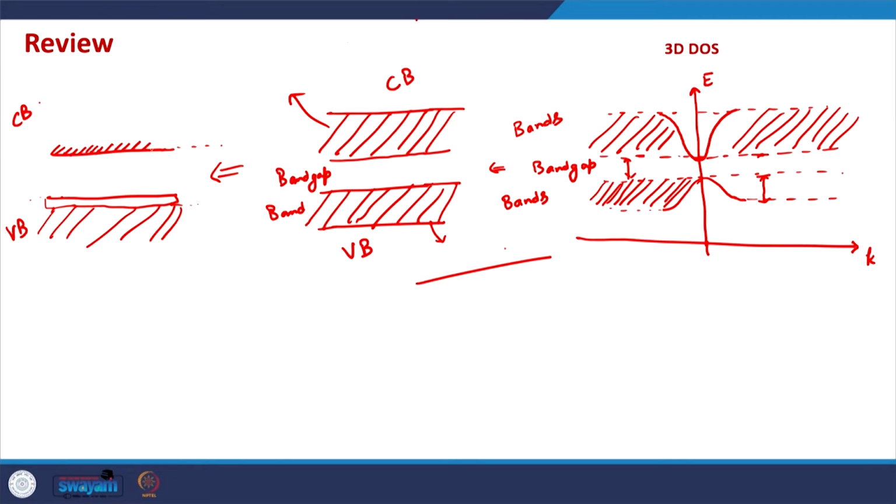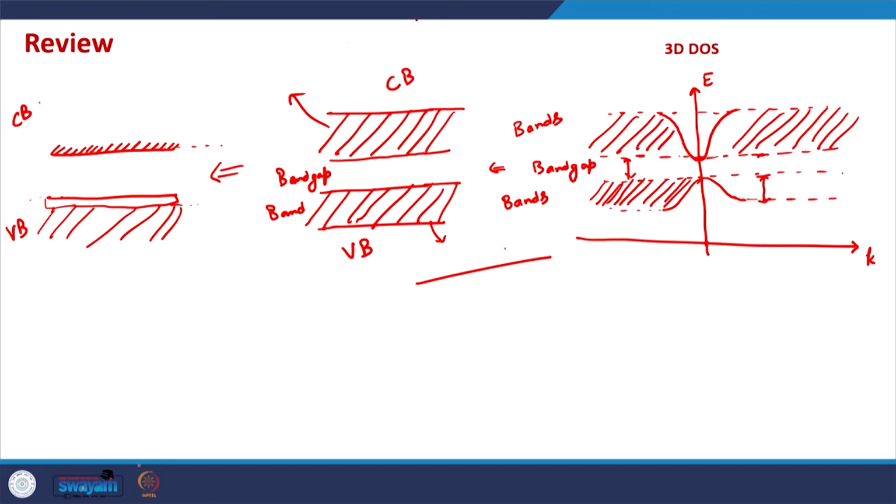Generally at room temperature or at our operating temperatures, some of the electrons gain enough energy so that they can jump from the valence band to the conduction band, going from the top of the valence band to the bottom of the conduction band.